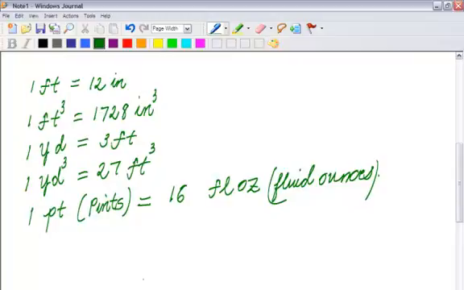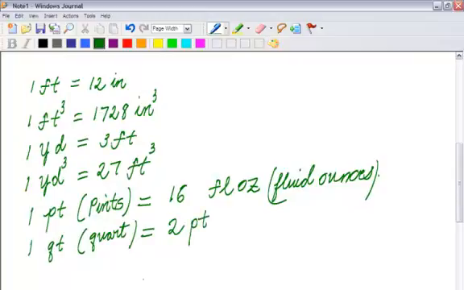Okay, and 1 quart means 2 pints. When I write QT, it means quart. 1 quart means 2 pints.